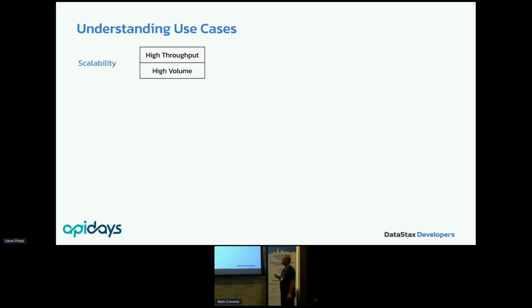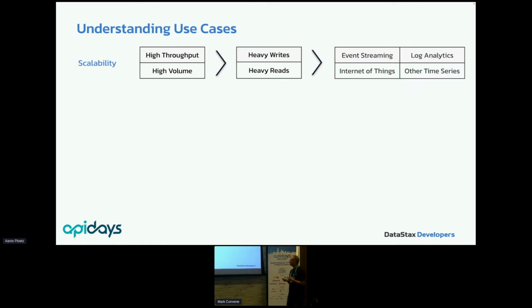Okay, there's a lot that goes into understanding use cases that you'd build out on a distributed database like Cassandra. It works into scalability. How big do you need to make the cluster to support things like heavy reads, heavy writes, and that comes out to things that are like IoT, time series. Under the hood, Cassandra works with a log structured merge tree.